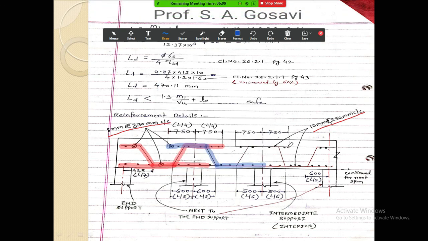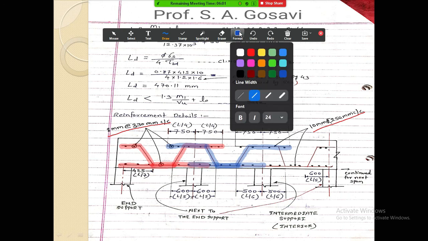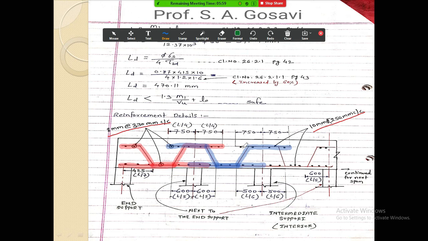Then the fourth bar will start from this point, again bend and move up to this center. Next bar, on the next support, again it will start here, bend and move further, and this is the last bar, and in this way the reinforcement is continued. This is your main steel.